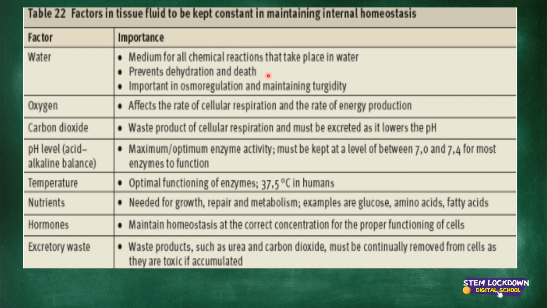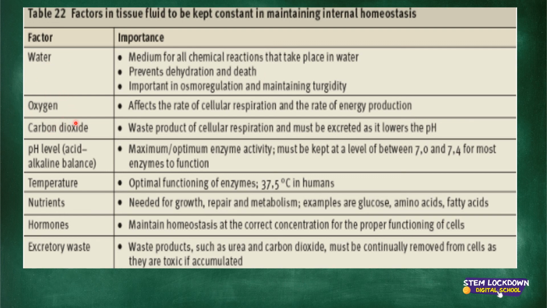So we discussed that both water and salt concentration and blood pressure are regulated in the kidneys by the ADH and aldosterone respectively. Osmoregulation is regulated by ADH, and aldosterone regulates the pressure in the body.